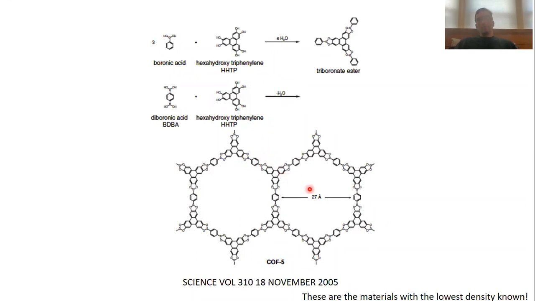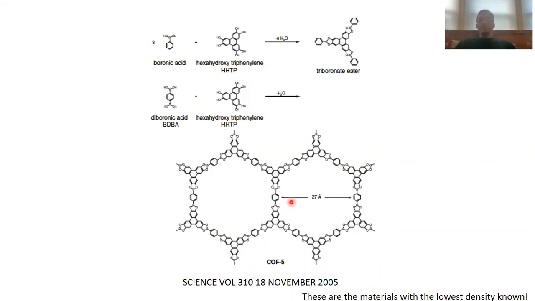These kinds of covalent organic frameworks are the materials with the lowest density known, because they only contain elements of the first and the second period of the periodic table: hydrogen, oxygen, carbon, and boron. So they're even lighter than metal organic frameworks, which typically include a transition metal, which is relatively heavy.